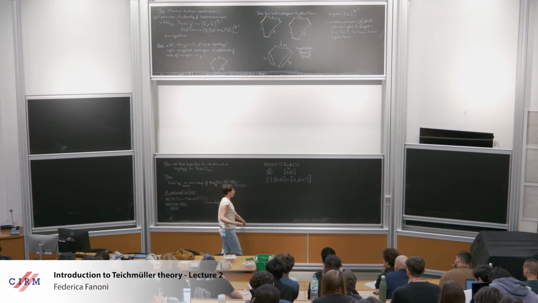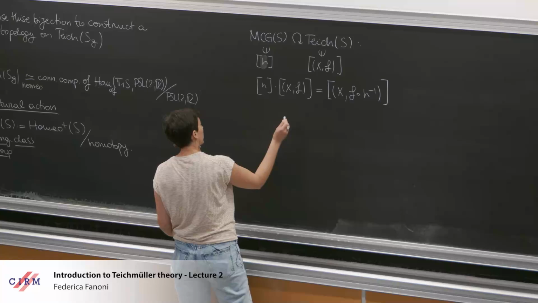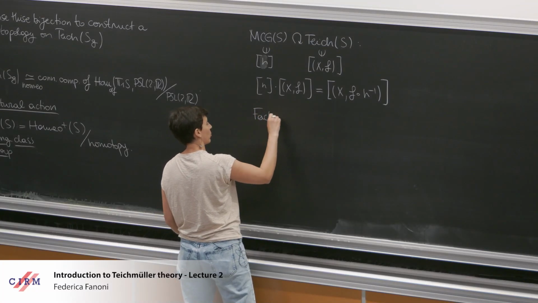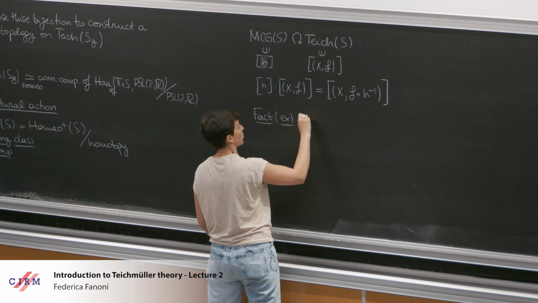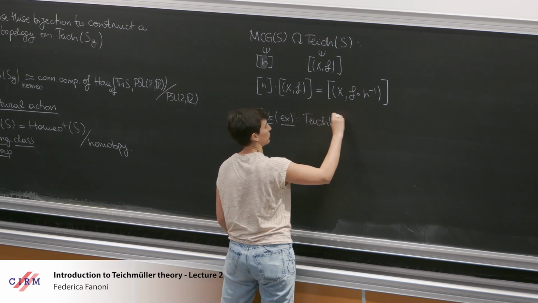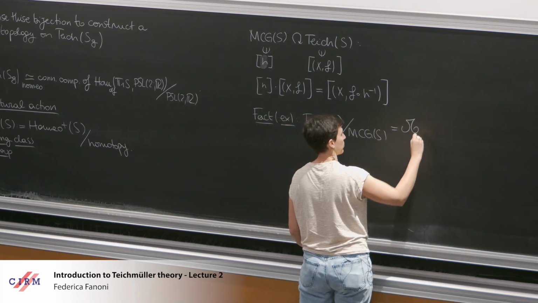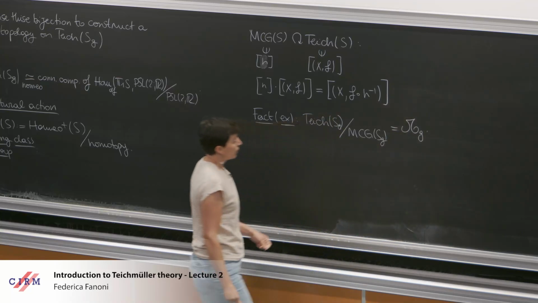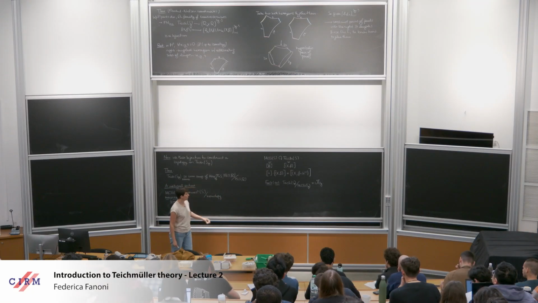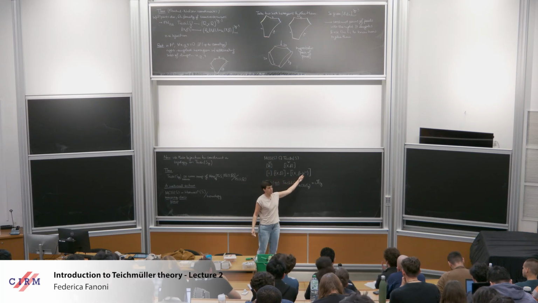And so we can now quotient Teichmüller space by the action of the mapping class group. And the fact, that's also going to be an exercise, is that if I quotient, I get moduli space. So you can kind of see that what is happening here is that I am changing the marking.